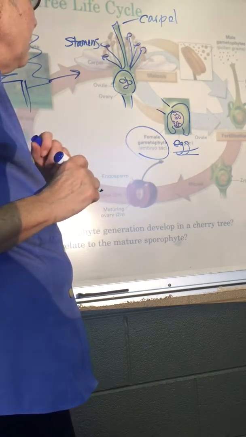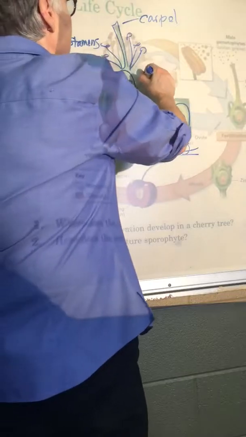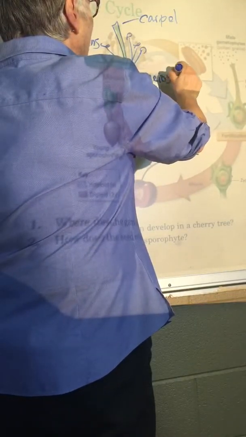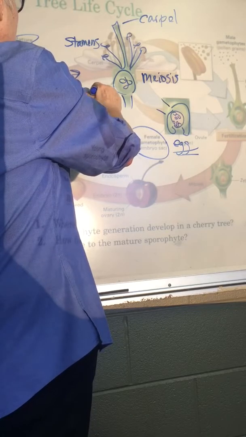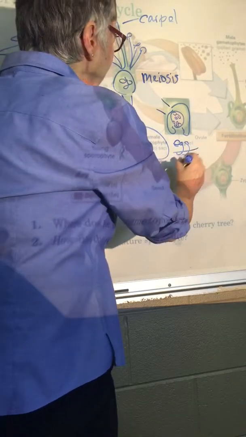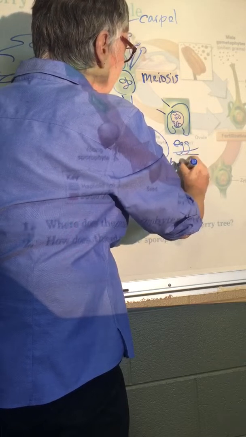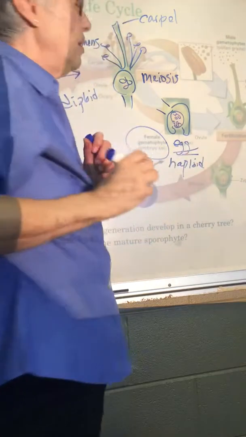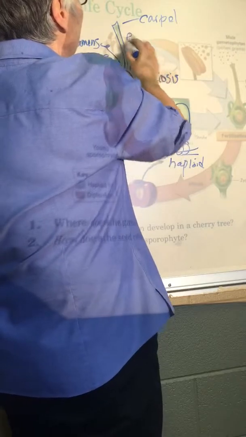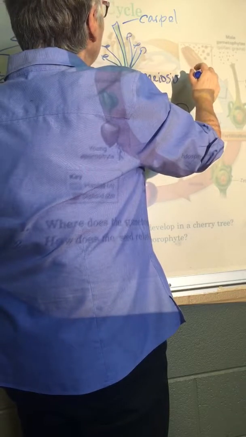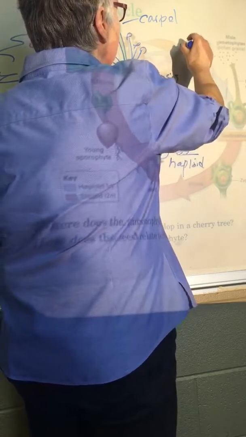And the egg is produced by meiosis. So we now go from a diploid to a haploid cycle. Within the male parts of the flower, we're going to look at the anthers, and those are the structures.